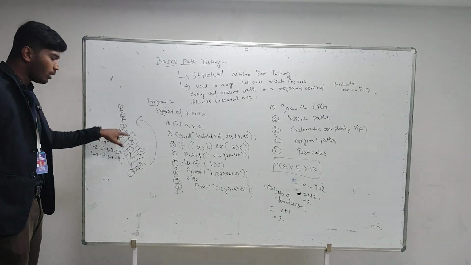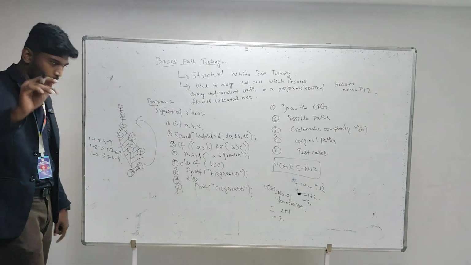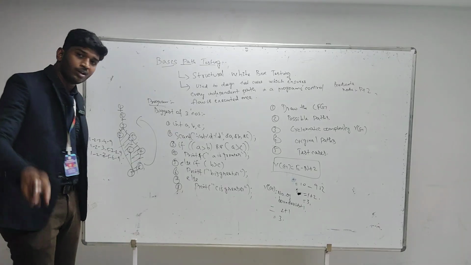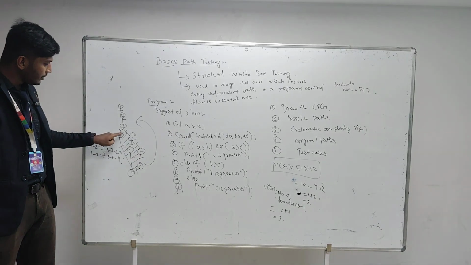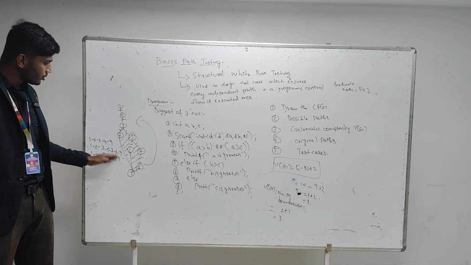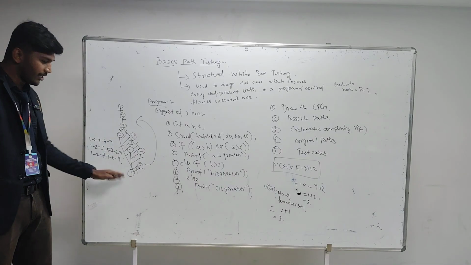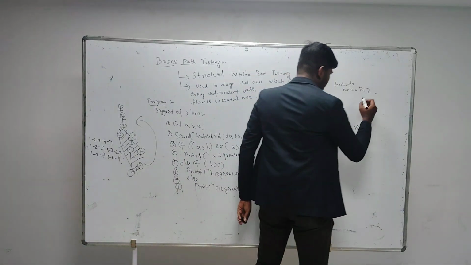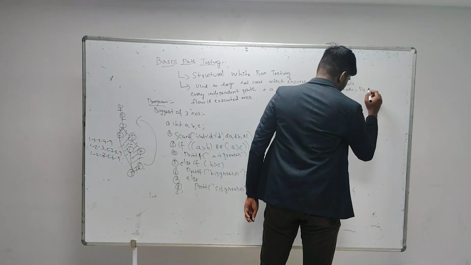So 3 has 2 outgoing edges, so you have to consider this one, and 5 has 2 outgoing edges. Okay, so totally you have 2 such nodes in this graph, 3 and 5. There is no other outgoing edge in any of the other nodes. So 3 and 5 have 2 outgoing edges. So the predicate node count is 2 plus 1.